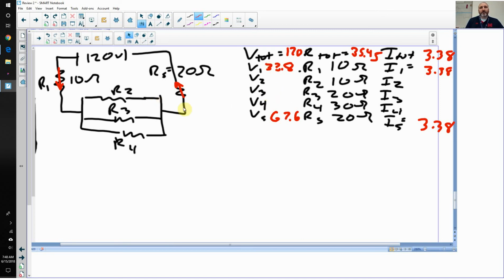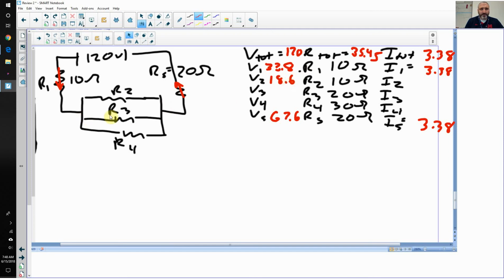So now the issue is, I started with 120 volts. I lost 33.8 there at R1. I'm losing 67.6 at R5. So if I'm an electron and I go through this one, I have to lose 18.6 volts.